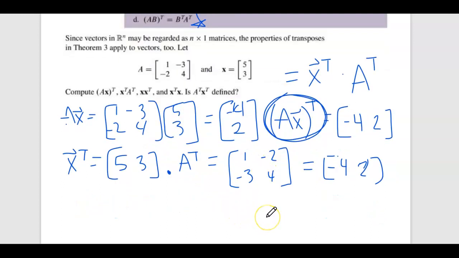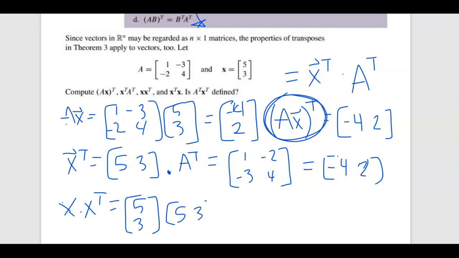All right, let's take X and multiply by X transpose. So X times X transpose would be 5, 3 times 5, 3. Now that's the same as saying 5 times this vector, right?